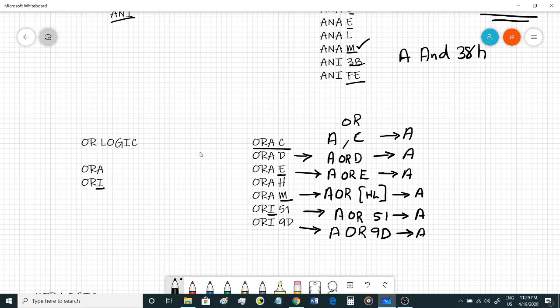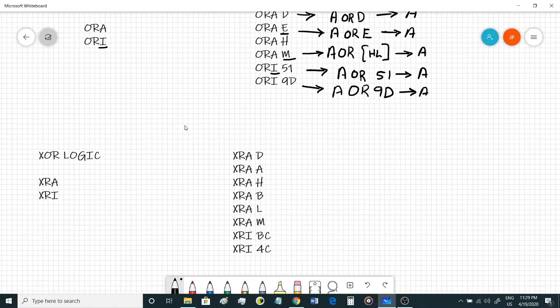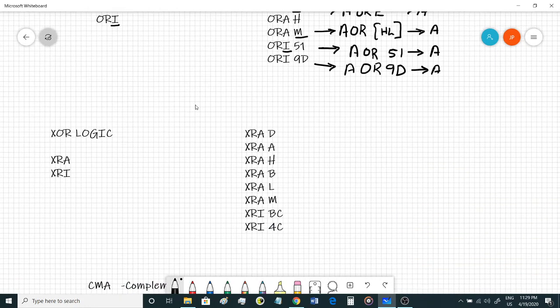Similarly, you can have the third instruction as XOR logic. We have very similar instructions. Instead of ORA and ORI, we have XRA and XRI instructions. What happens here is that XRA D, A and D register gets XORed and the result gets stored in A register.